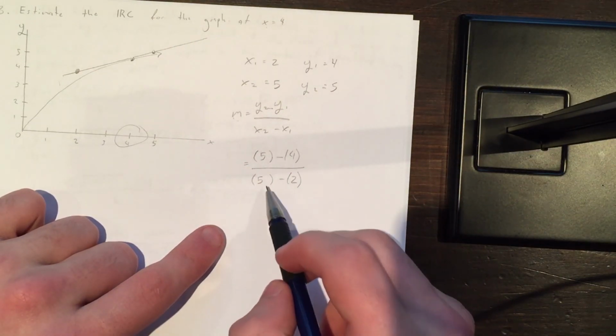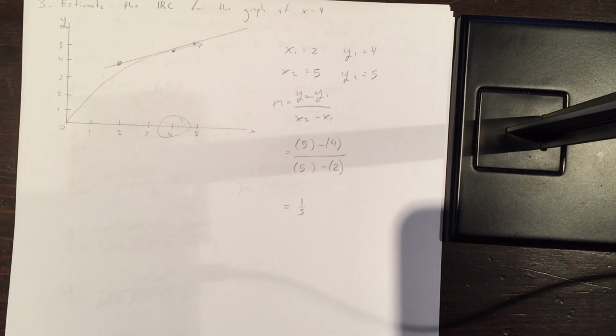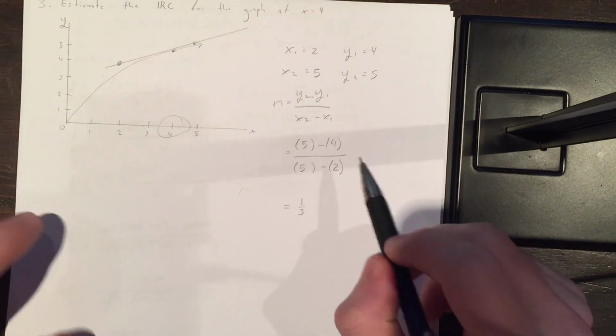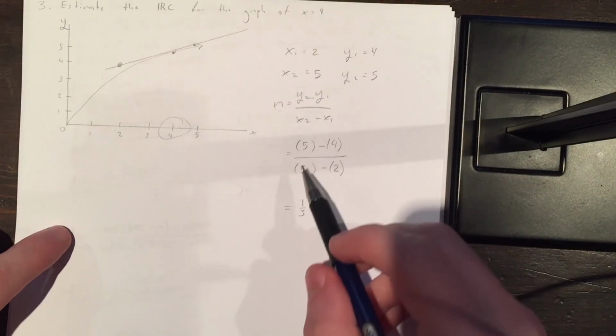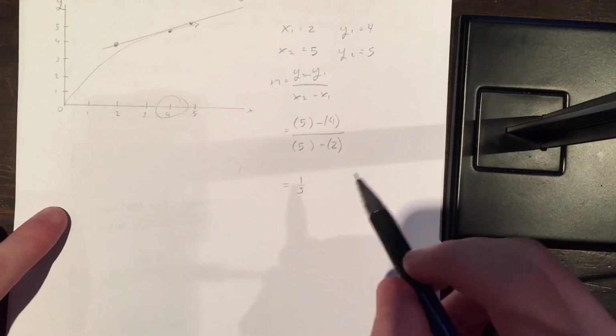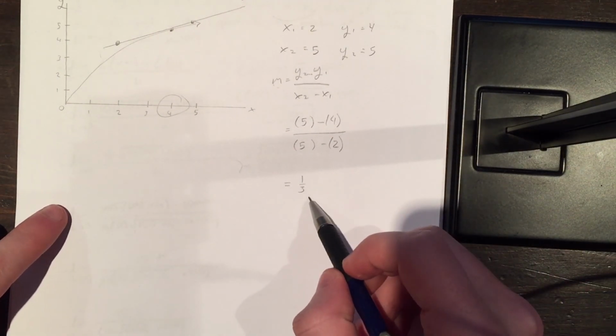Yeah, 5 minus 4, and then 5 minus 2. All right, so it's 5 minus 4 over 5 minus 2, and that comes out to 1 over 3.